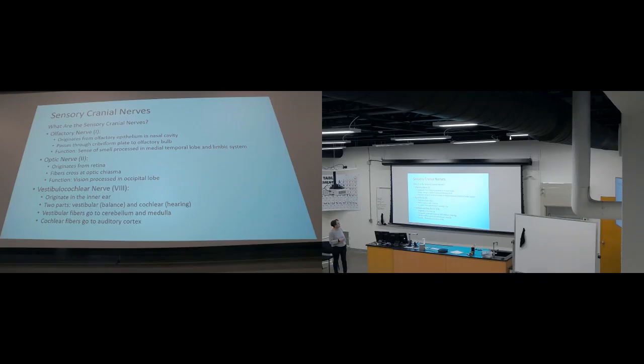So we have these three that we already saw part of, I remember, that are part of the special senses. So olfactory nerve is cranial nerve number 1. It starts in the nasal mucosa, in the roof of the nasal cavity.